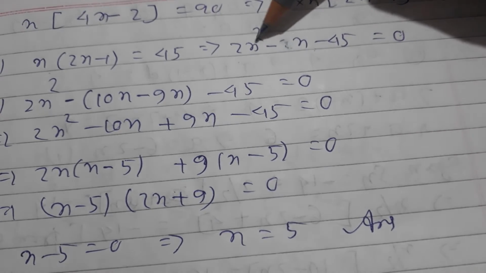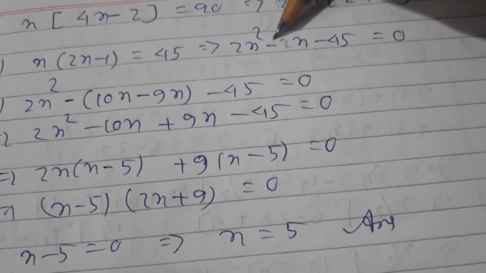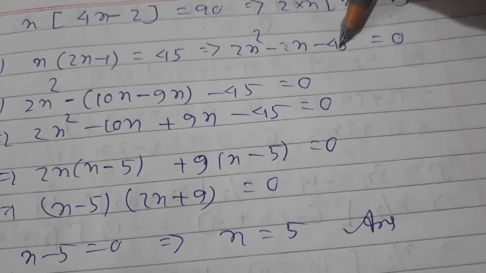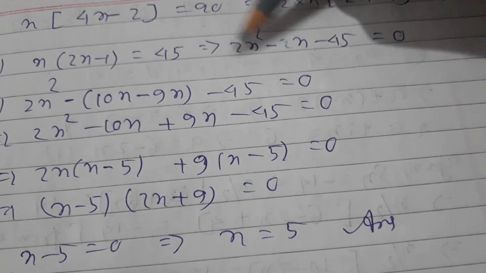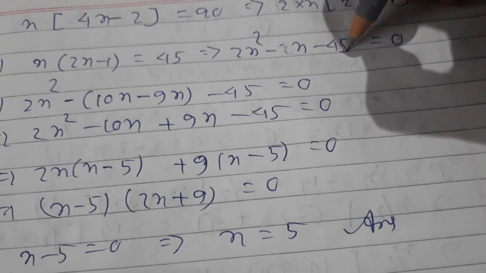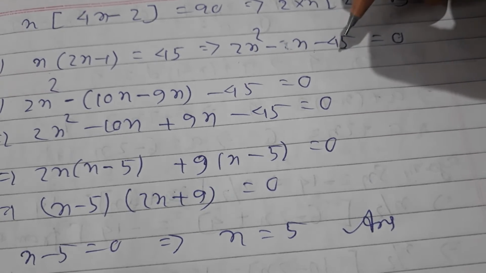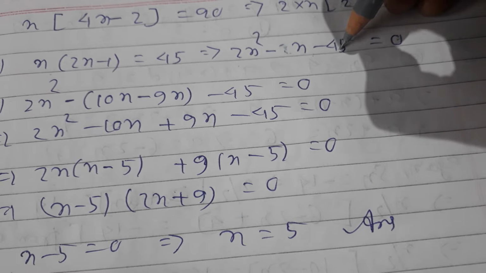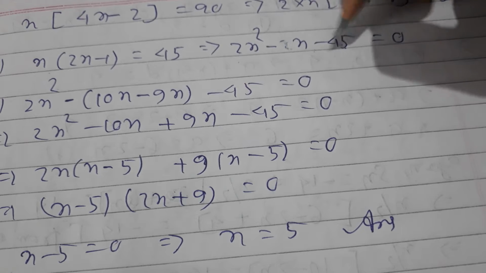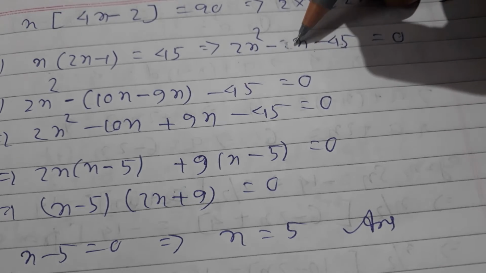So I have done this by using the factorization method. Now look here, 2 into 45 is 90. By which two numbers can 90 be split such that the product is 90 and the difference is 1?